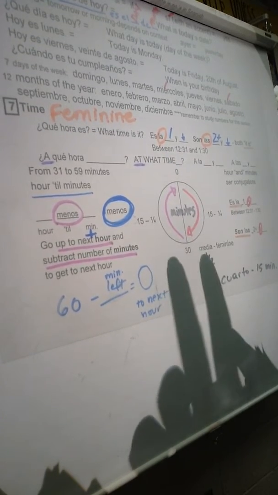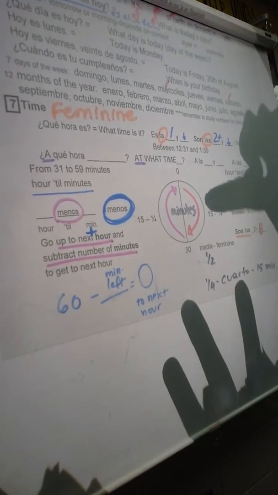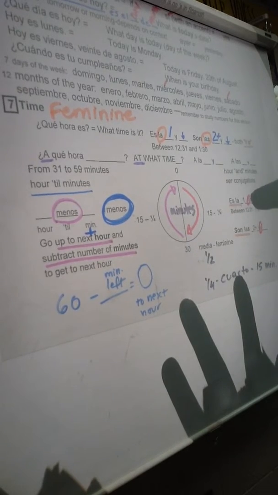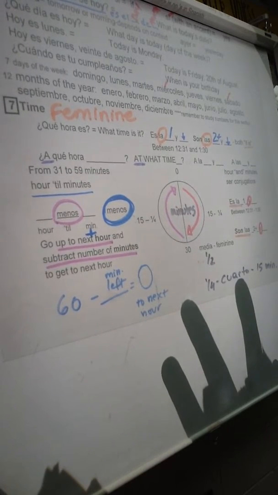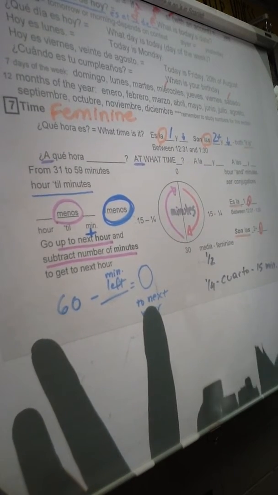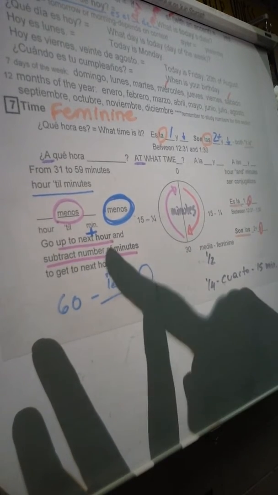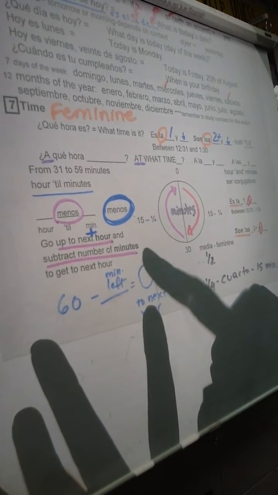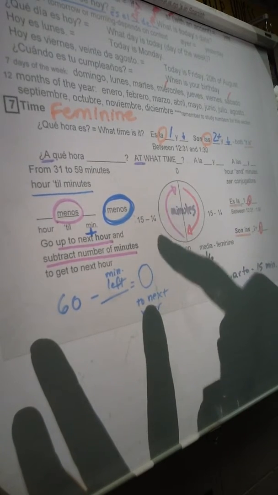Then when we switch over to minutes, minutes 0 all the way through 30, you're just going to use an y, and. You're going to say hour and minutes. The tricky part becomes when minutes go past, from 31 all the way to 59, you're going to have to go up an hour and subtract the number of minutes to get to that hour.